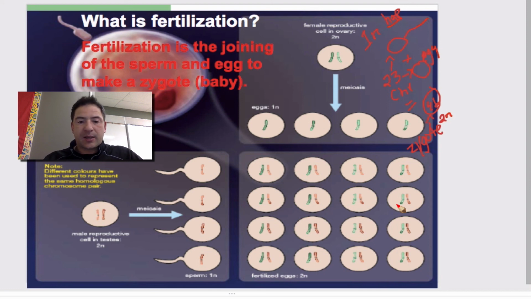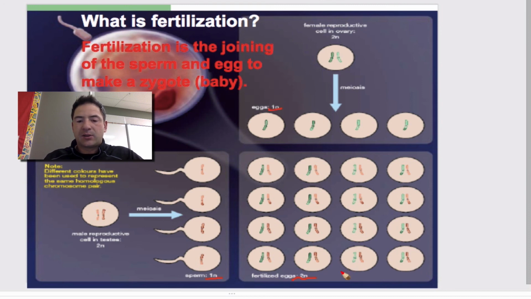So I take an egg, I take a sperm, the sperm fertilizes the egg and produces a zygote, and the zygote is in a diploid state. So if you look here, this is going to be 2N, that is going to be 1N haploid, that's 1N haploid, the sperm fertilizes the egg.